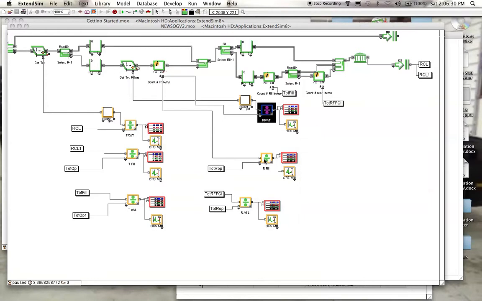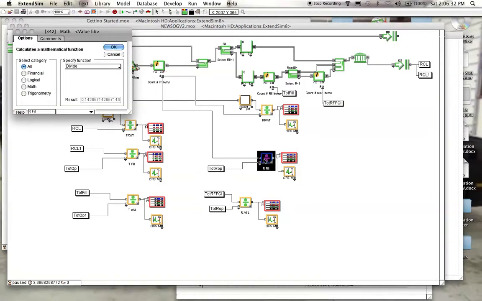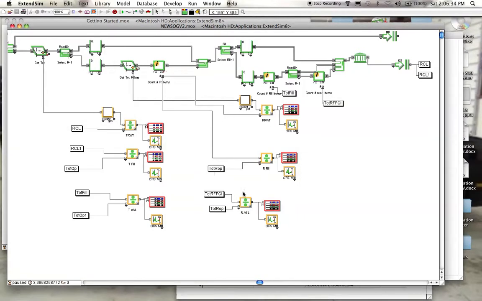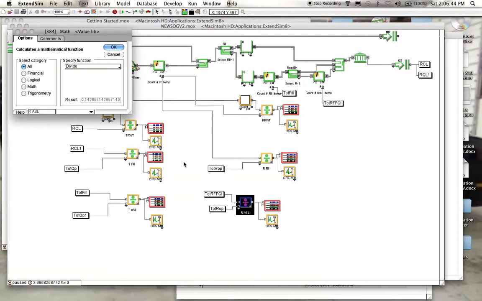Oh, wrong one. 0.142. This should be 1 divided by the same value. Okay.